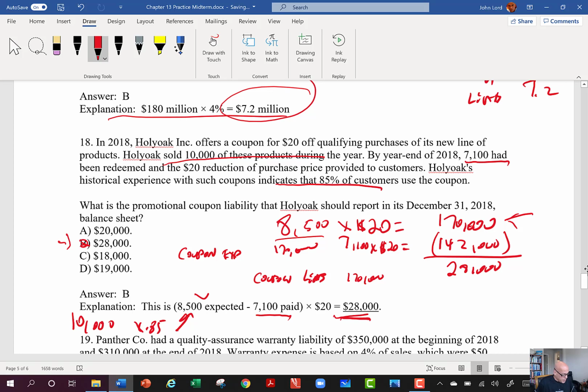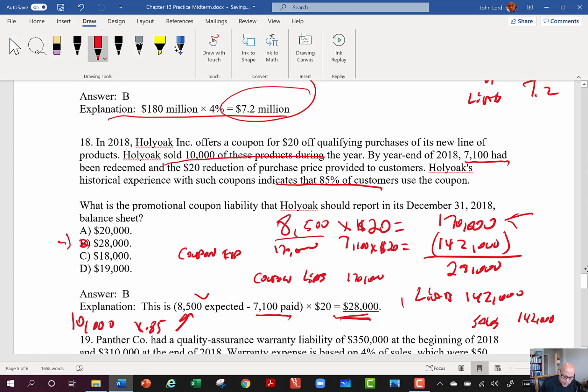But 142,000 came in. So what did you do? You debited the liability 142,000, and you would have credited your sales for 142,000, because remember, you're giving a discount on those items. And of course you would have had other sales that came in at that point in time.